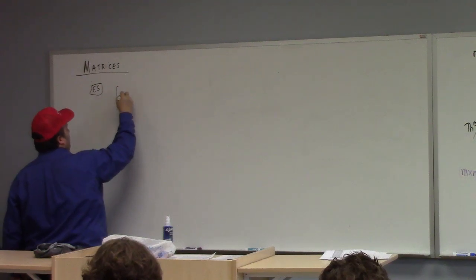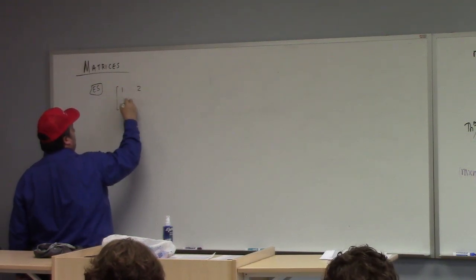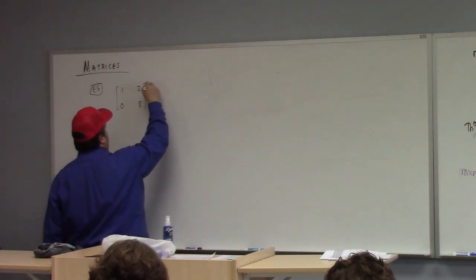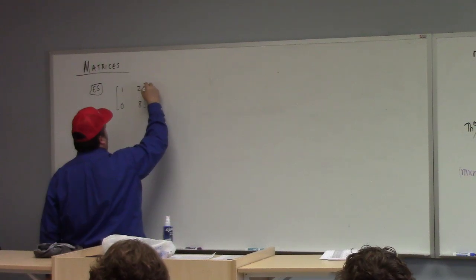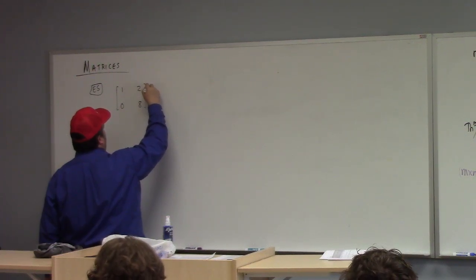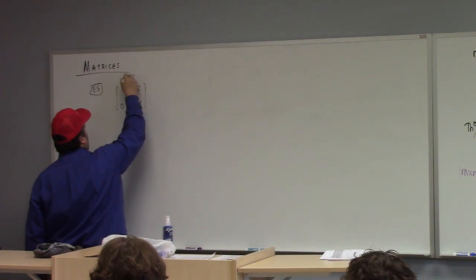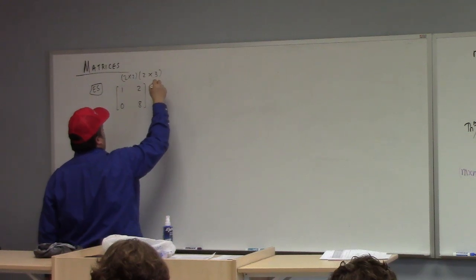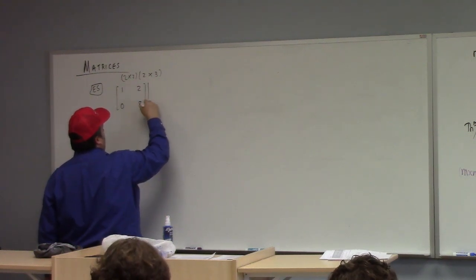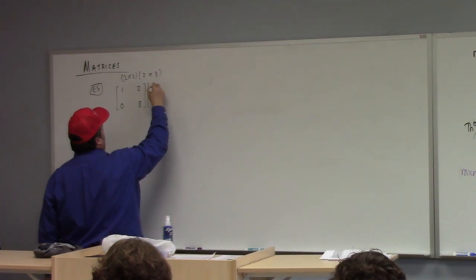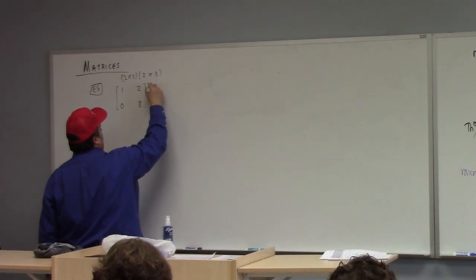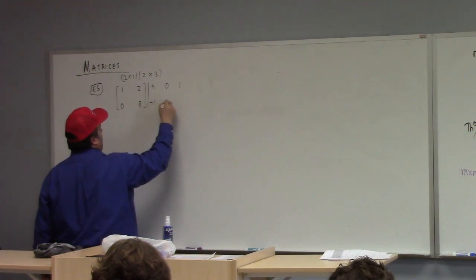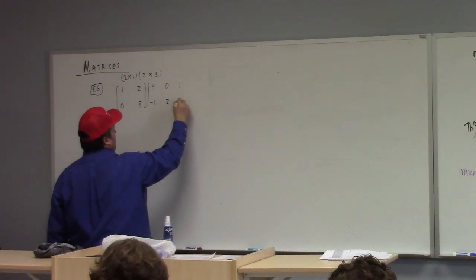So suppose I've got the matrix [1, 2; 0, 8], and I'm going to multiply it by a 2 by 3 matrix. So 2 by 3 looks like what? 2 rows, 3 columns. So we'll do [4, 0, 1; -1, 2, 6].